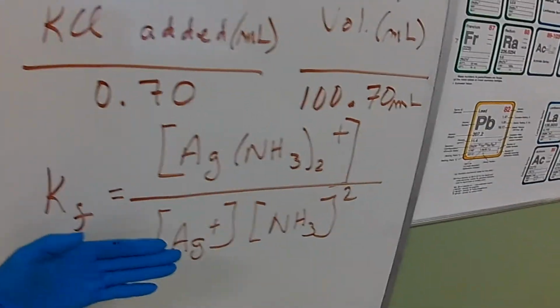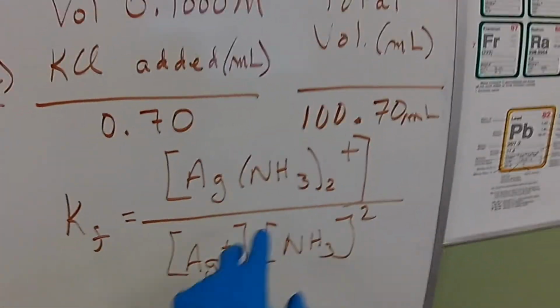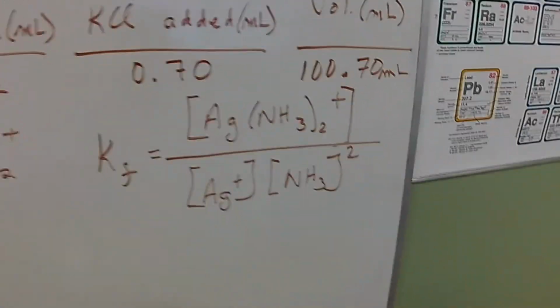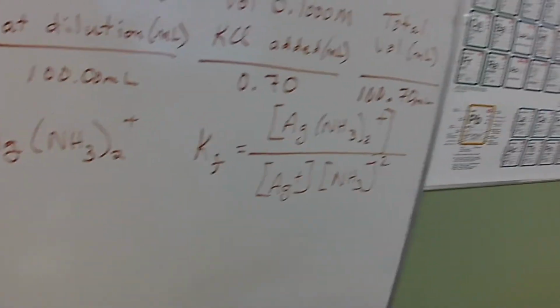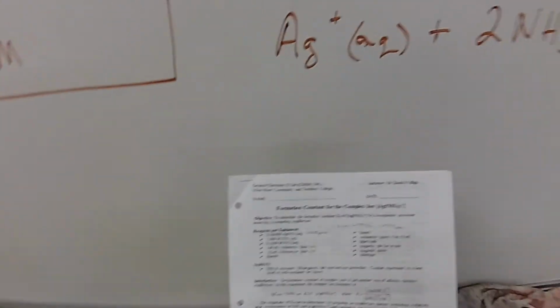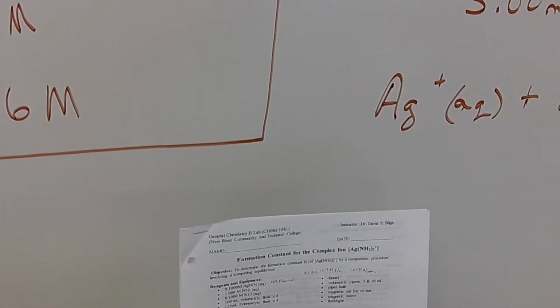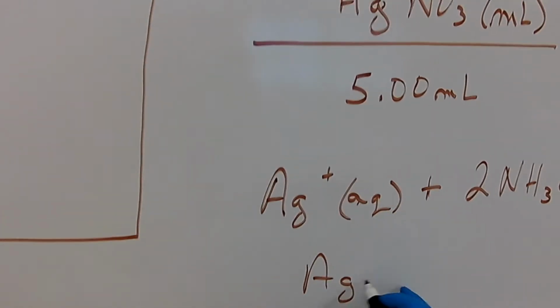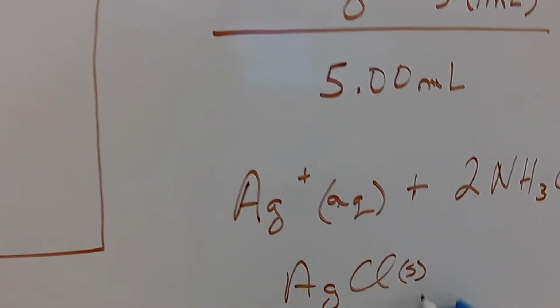But it's difficult to find an endpoint for this reaction, for what do we titrate it with? So we have to get at this value indirectly. That's where we use this expression for titration. So we're going to have the KSP for silver chloride, right?